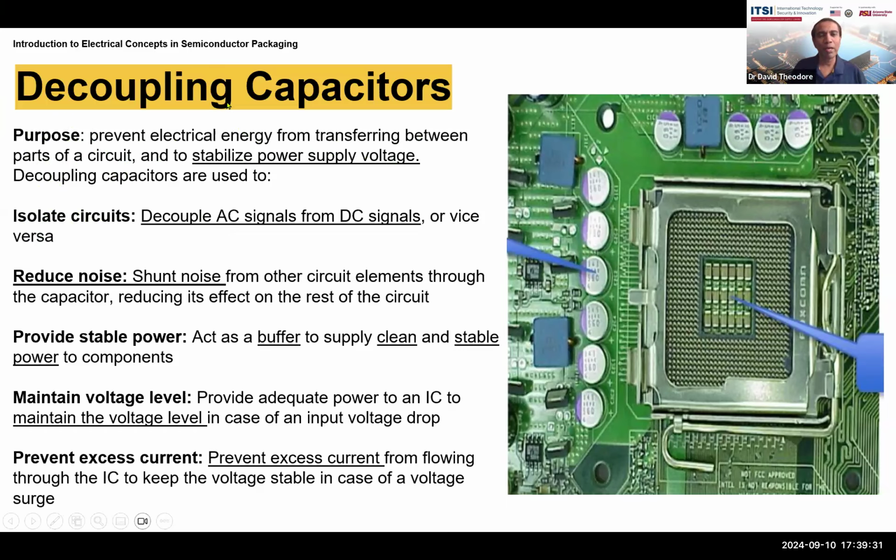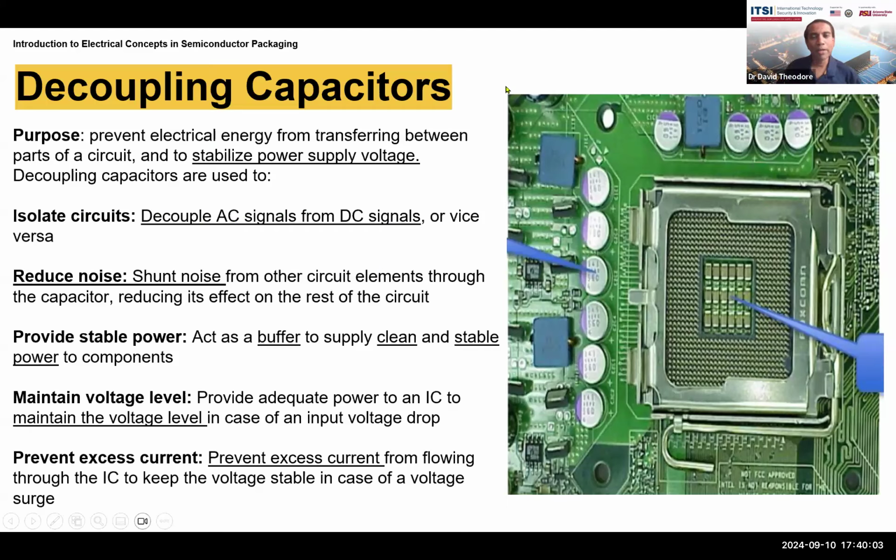The purpose of the decoupling capacitor is to decouple the alternating current. And just as a reminder, an alternating current is a current where the charge travels in one direction, then travels back in the other direction. So it oscillates back and forth. You want to separate out those signals from direct current signals. And as you know, a direct current signal is where the charges are traveling constantly in one direction. There are some parts where you want the AC signals to come in, and other parts where you want the DC signals to come in.